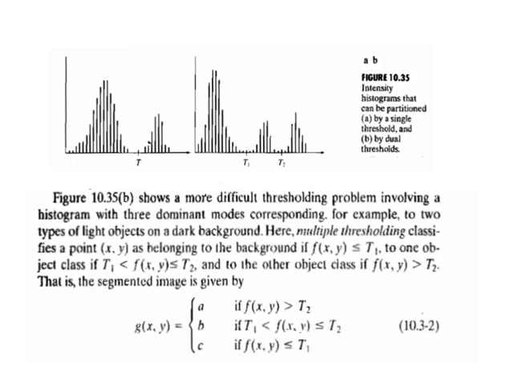The segmented image g(x,y) is given by: A if f(x,y) is greater than T2, B if f(x,y) lies between T1 and T2, and C if f(x,y) is less than or equal to T1, where A, B, C are any three distinct intensity values.